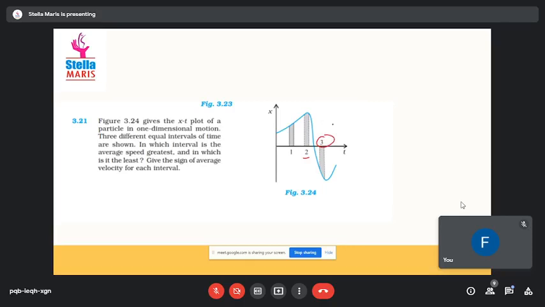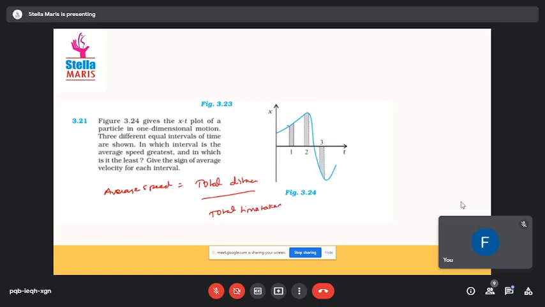In which interval is the average speed greatest? Nothing but the third interval. So why, sir? As you already know, the average speed formula is total distance by total time taken.